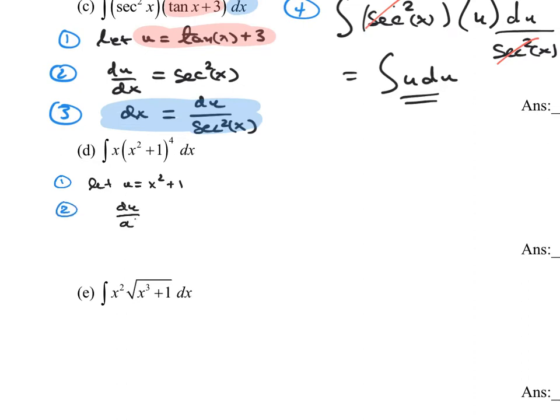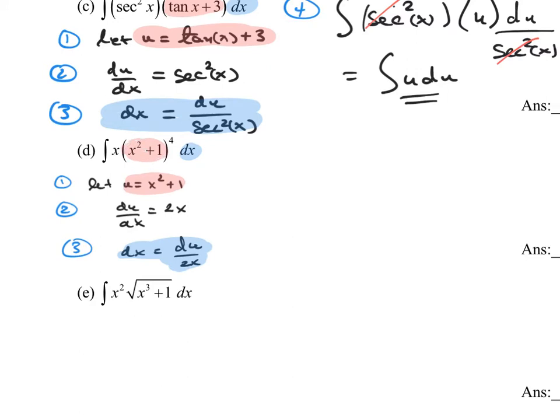So we'd have du dx equal to, well, the derivative of x squared plus 1 is 2x. We've done that numerous times already. Step 3 again is solve for that dx, and if we solve for dx by doing our cross multiplication, we'd end up with du over 2x. And then what we want to do is substitute in for dx and also substitute in for u.